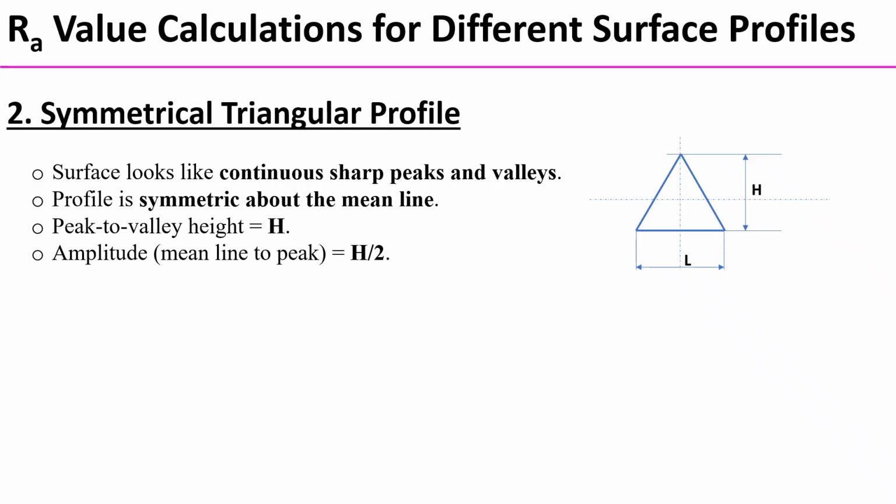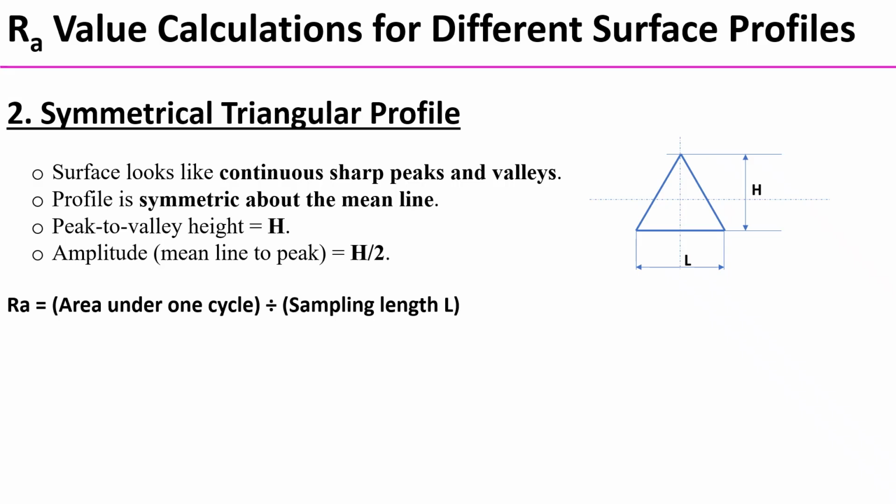The symmetrical triangular profile surface looks like continuous sharp peaks and valleys. This profile is symmetric about the mean line, and let's consider the peak to valley height as capital H. Then its amplitude, that is the mean line to peak, is H by 2.